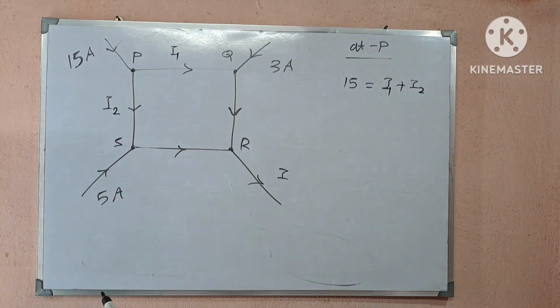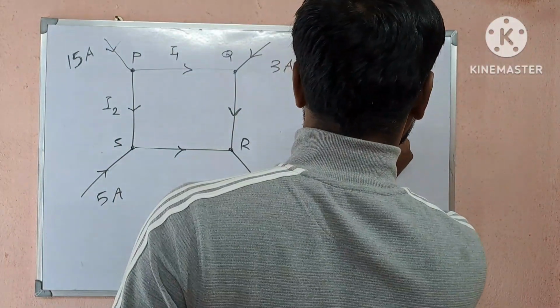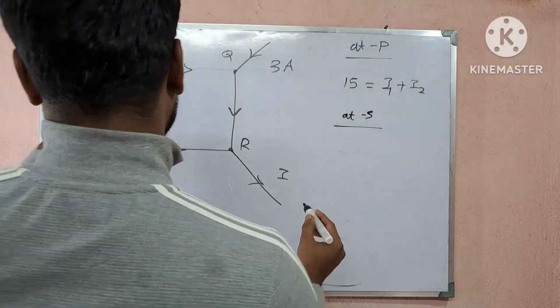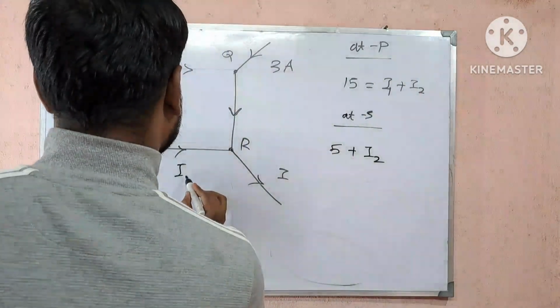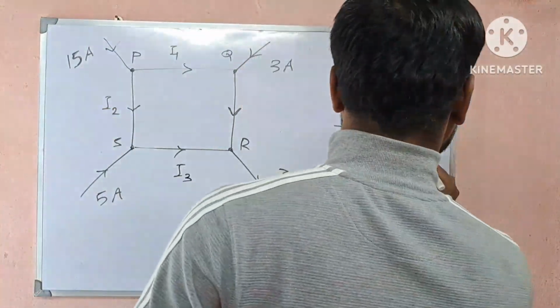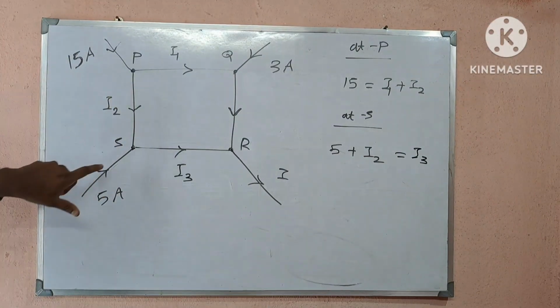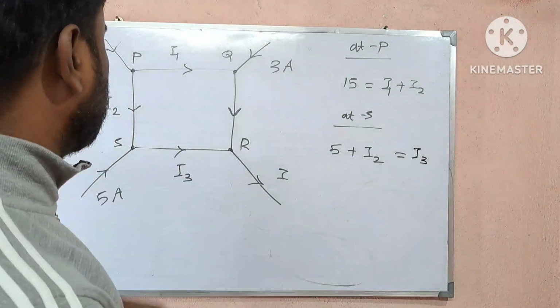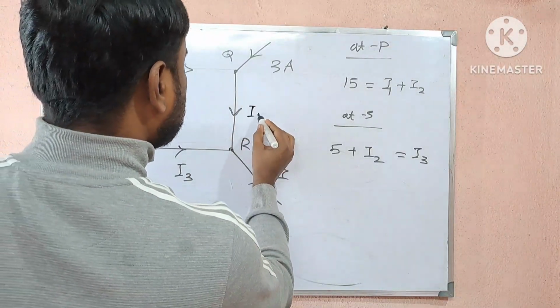Now at S, if you apply KCL, that will be 5 plus I2, and let's say that one is I3. So 5 plus I2 will be equal to I3. Why? Because I2 and 5 ampere are entering the point S and I3 is leaving from the point S. Now we can say that the value of this current is I4.